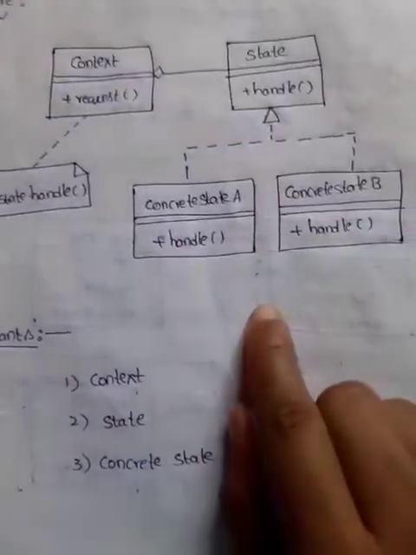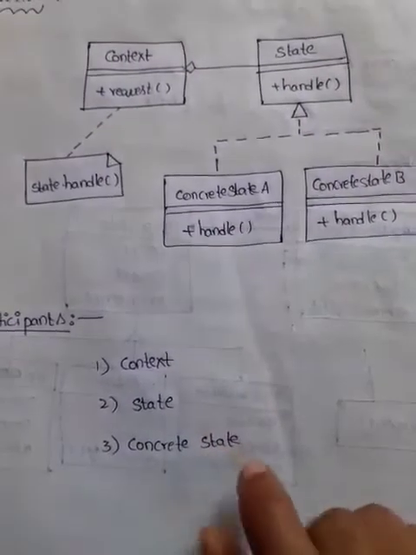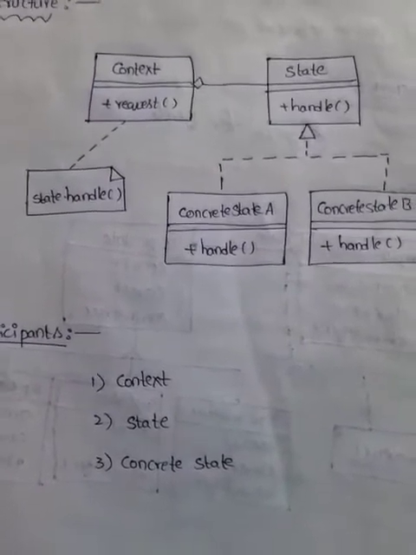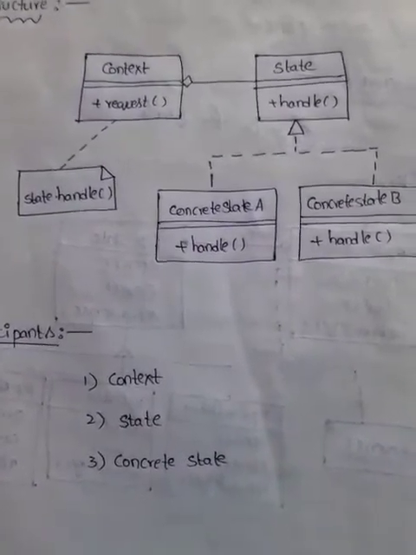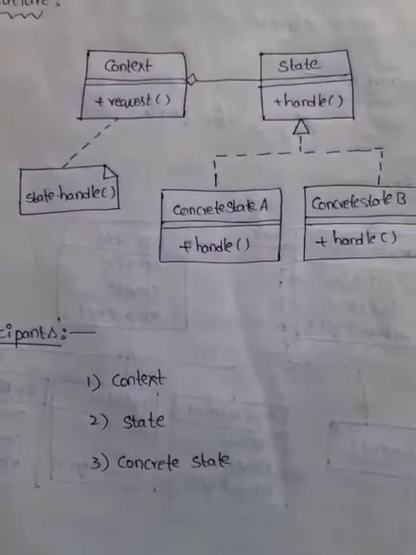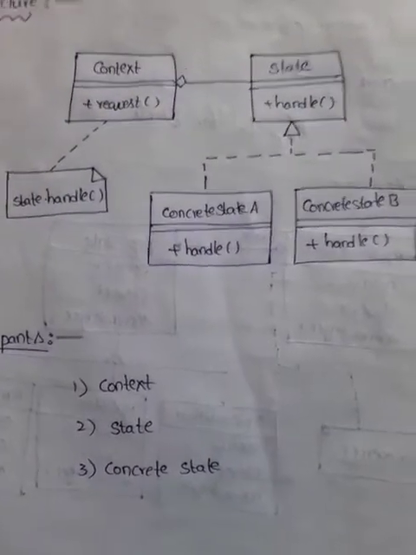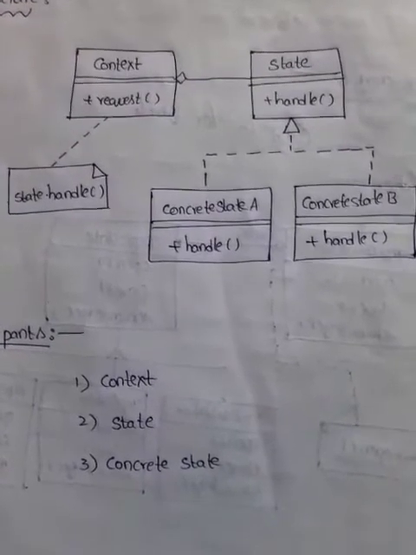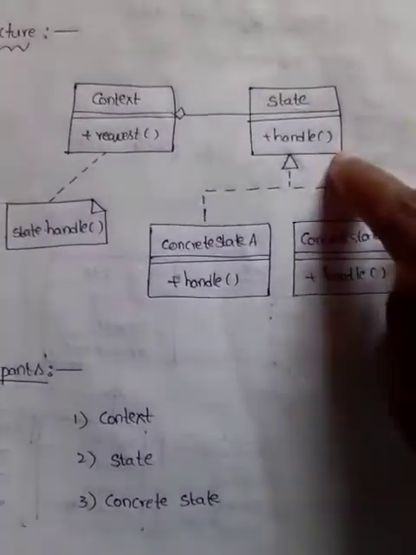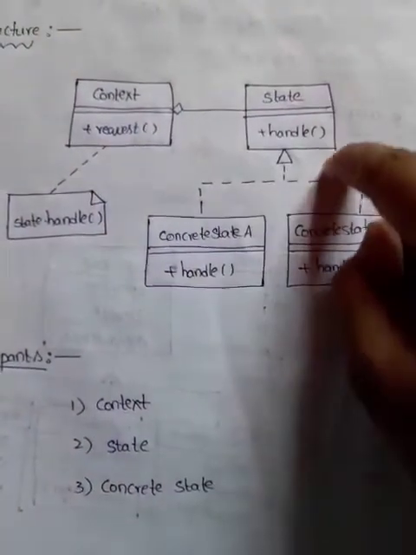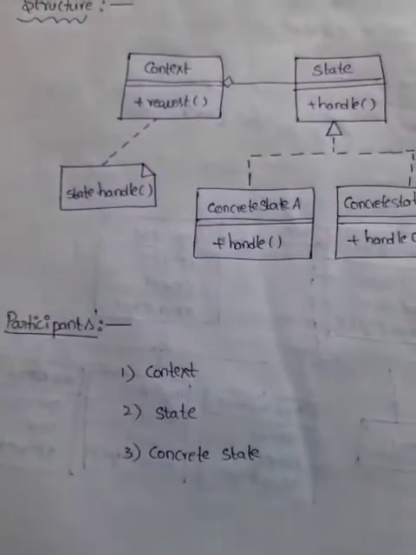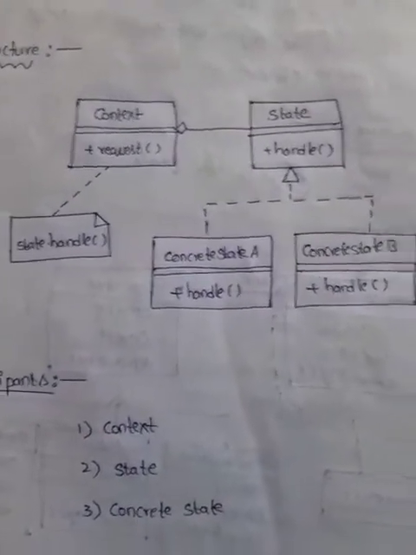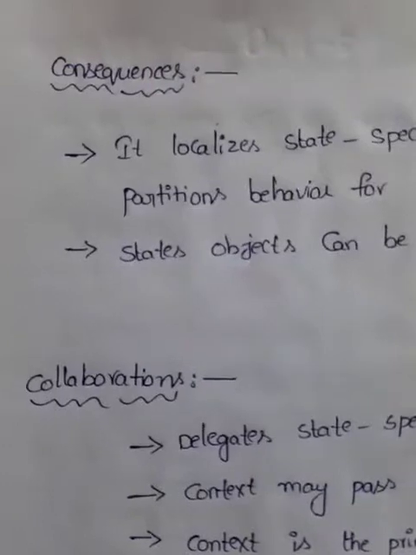And our next participant is concrete state, that is nothing but the concrete state subclasses, which we say as TCP established, TCP listen and TCP closed in our previous example. Each subclass implements a behavior associated with a state of the context. So, these are the participants involved in the structure of a state pattern.